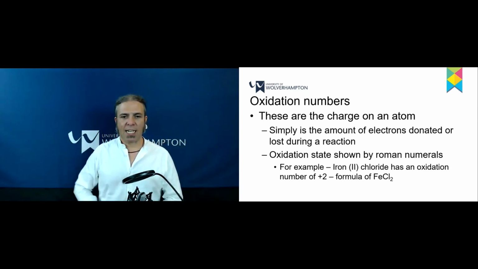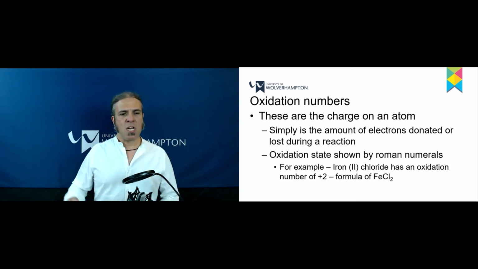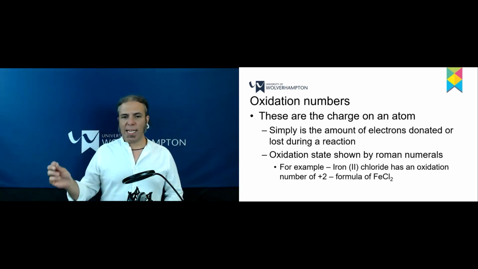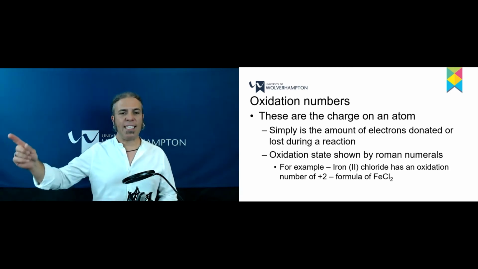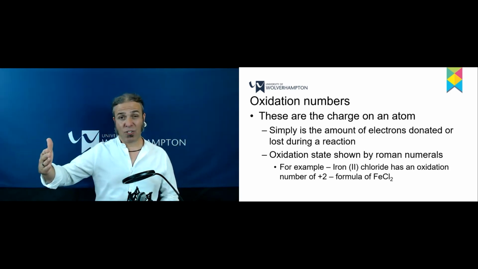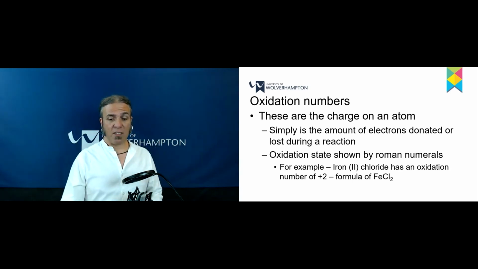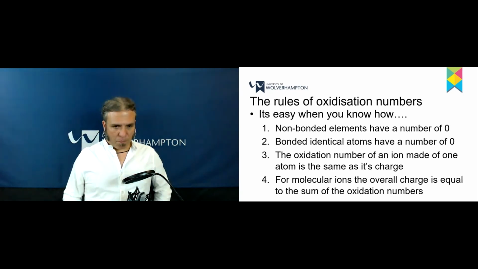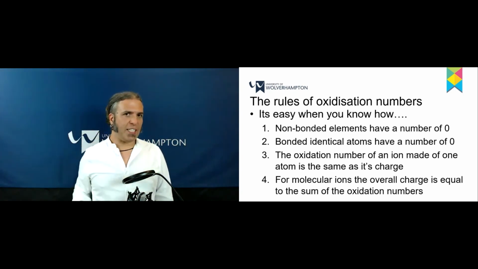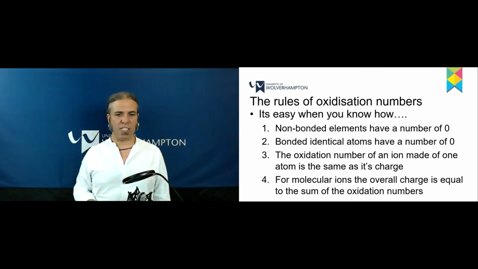That tells you the charge of that particular compound. It is simply the number of electrons that are donated or lost during a reaction. That allows us to see the charge on that molecule itself and start to think of how it might react with other things. So these are the rules of oxidation numbers, and they're really good rules to remember, because they'll really help in your studies later on.